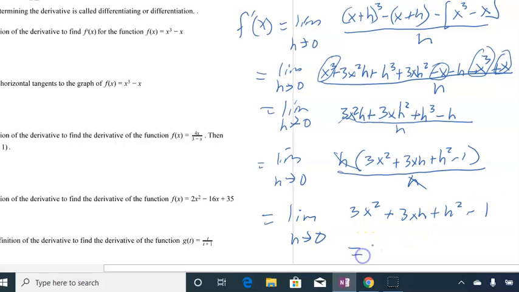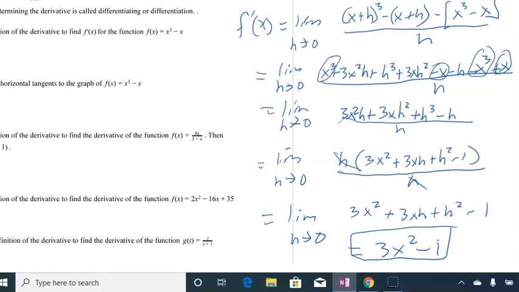And so this becomes equal to 3x squared minus 1. Right? That's what we expect. Okay, so that's how we use our definition of derivative to find our derivative function. Now, if we were asked to find it at a particular point, like 3, then we'll just plug in the 3 right here.